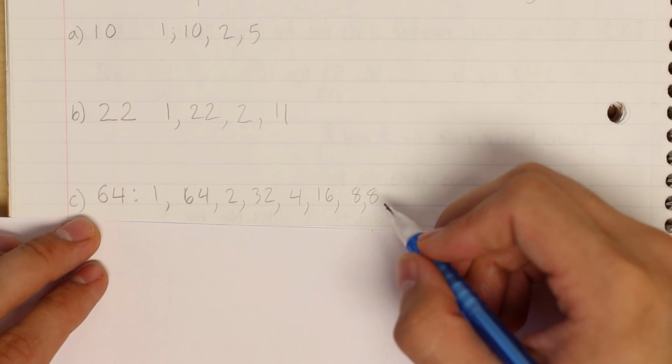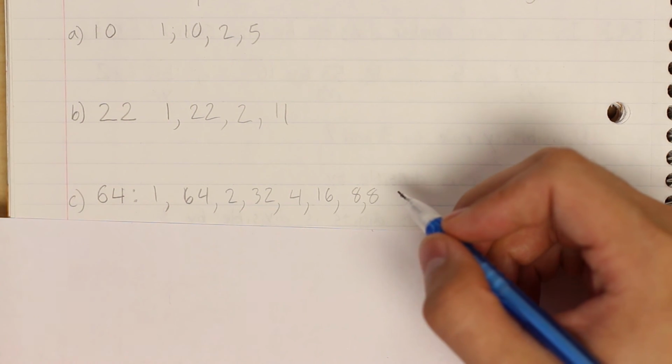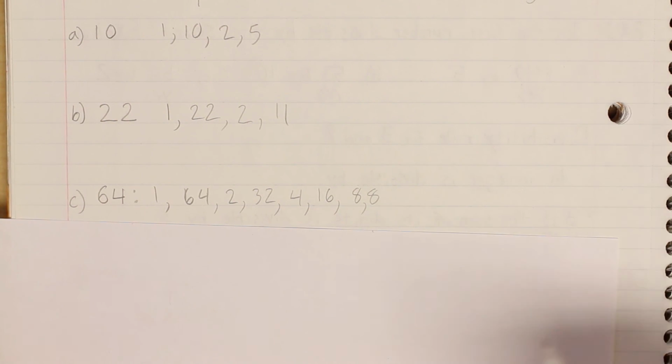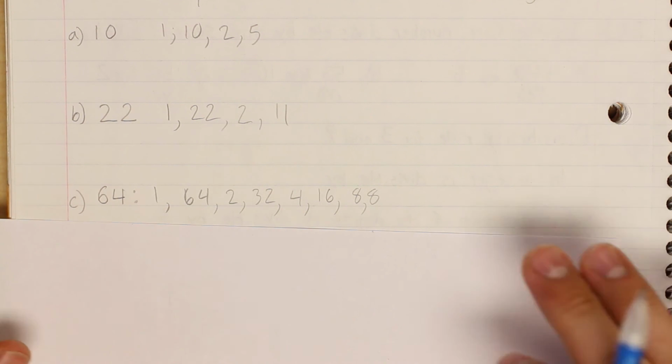And you only have to list the 8 once. If you list it more than once, I wouldn't count off, honestly. But if you list it, it's fine. So these are the factors of our magical number there. Yeah, I think that pretty much covers all of them.